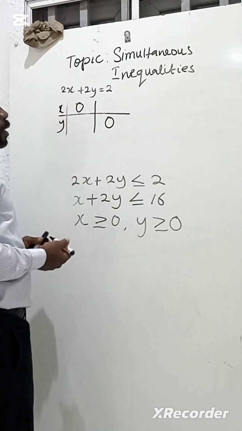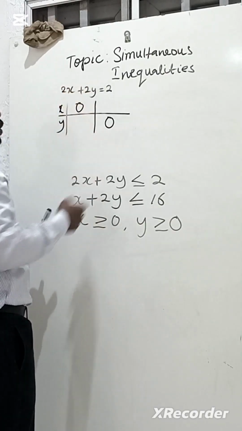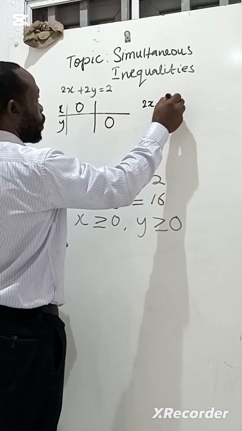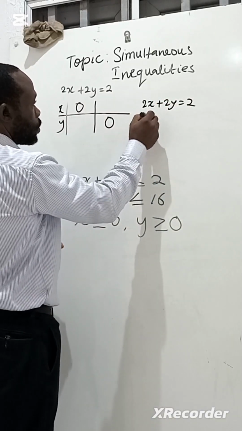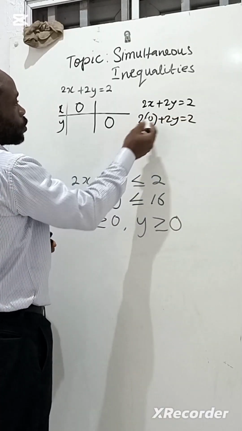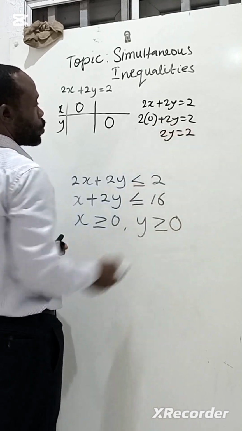So when x is equal to 0, I'll substitute the value 0 into this equation here. So 2x plus 2y is equal to 2. When x is equal to 0, everything here will be 0. 2 times 0 is 0. So this becomes 2y is equal to 2.